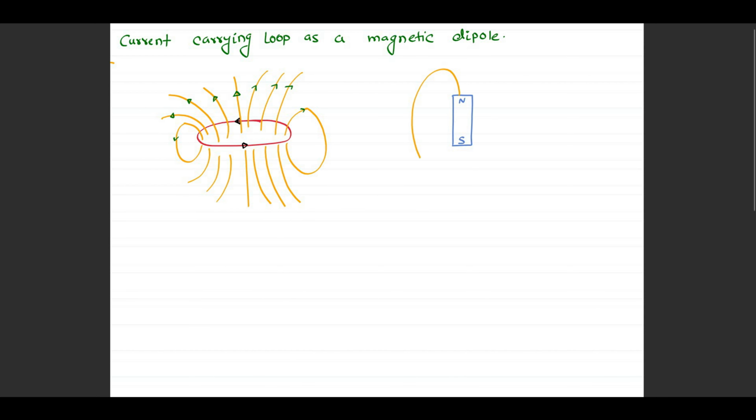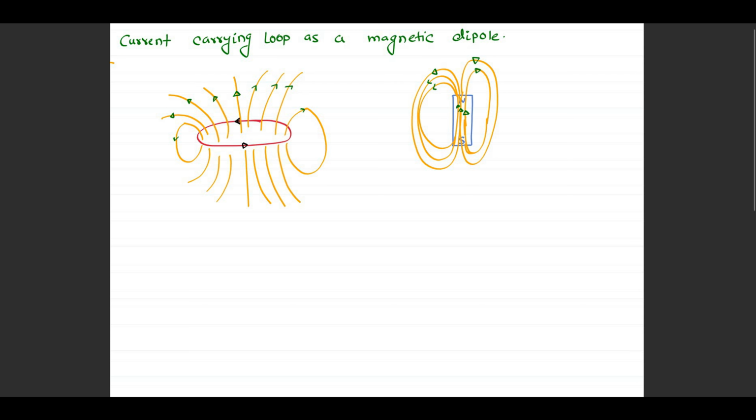Field lines outside they go from north pole to south pole, and inside they run from south to north. This is their direction, right?